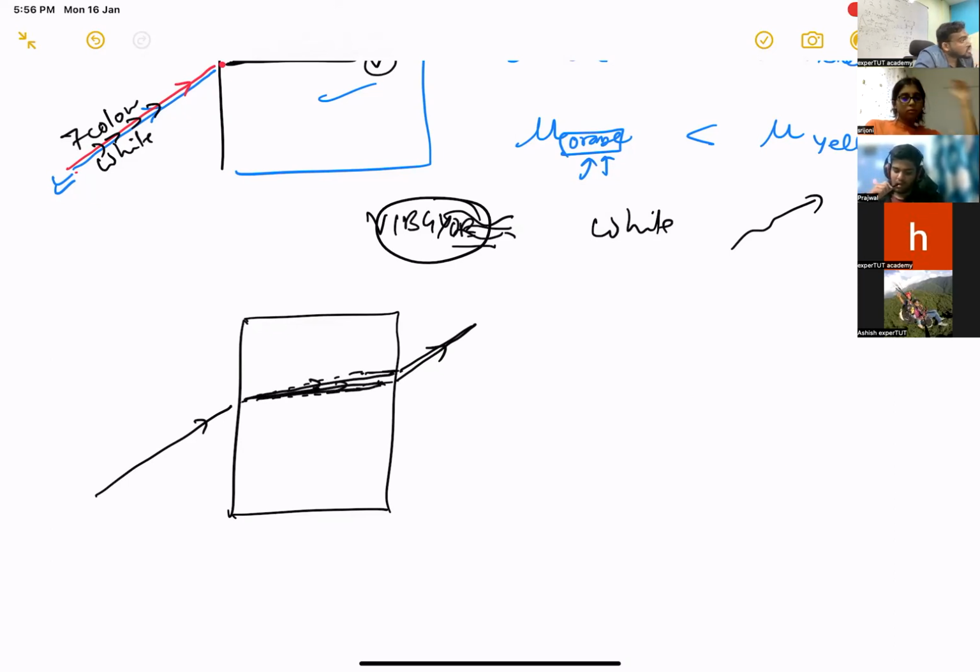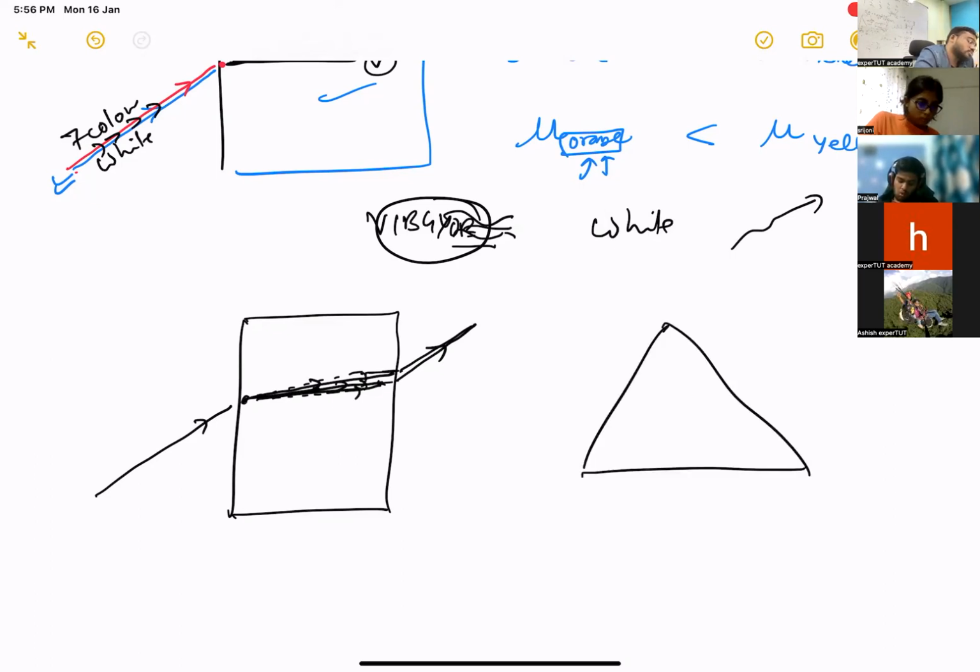If you could separate it further, then you would see light in different colors, but you're not able to further separate it in a glass slab. But what happens in a prism is, you have separated at the first refraction, but at the second refraction it separates even more.